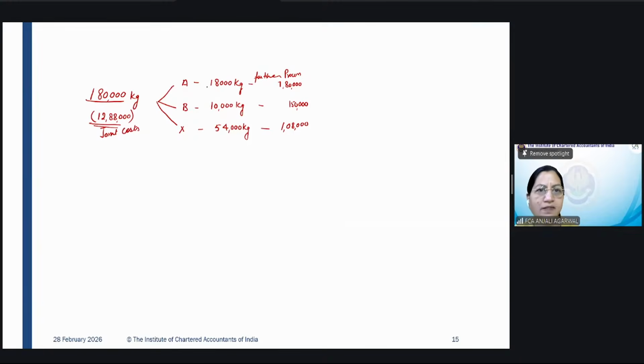Like 180,000 kgs does not become 82,000. That means 98,000 is lost. But it is saying that after further processing, whatever you have, you still get the same 18,000 kgs, same 10,000 kgs, and same 54,000 kgs. So there was no further loss in process.